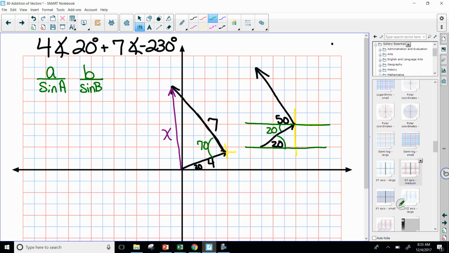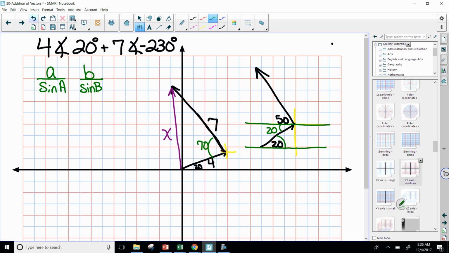So I have to know at least a pair, and I don't know a pair. I don't know x, and I don't know what that other angle measure is. It veers off a little bit, and it's not just 70 degrees right there. It's 70 and a little bit more, and I don't know how much is a little bit more. So there's no way that I can actually use the law of sines to find that.